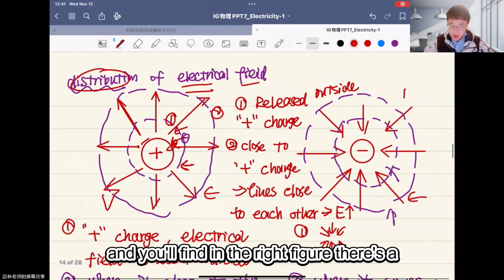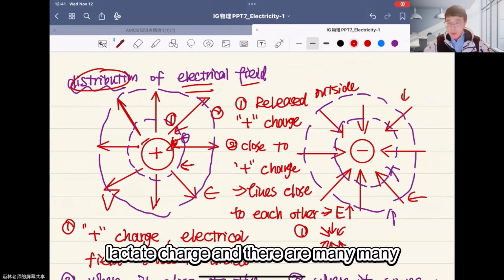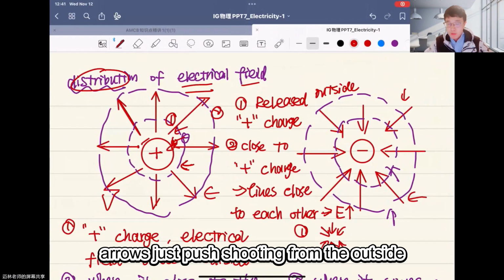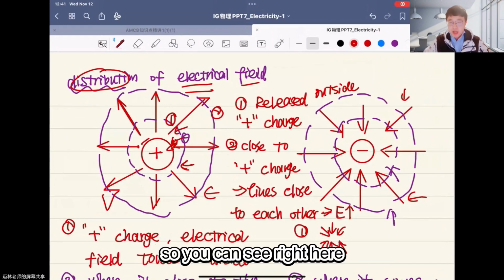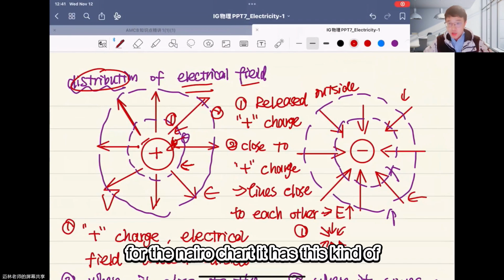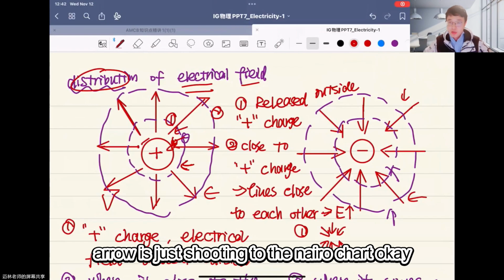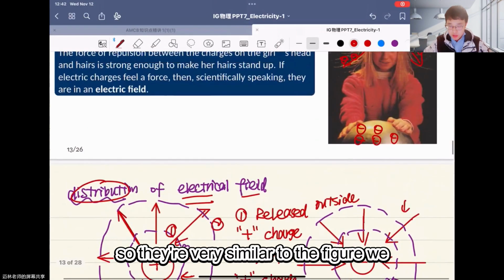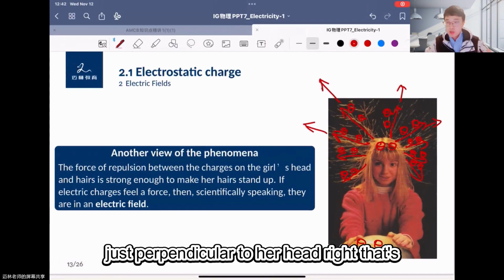And you'll find in the right figure there is a negative charge, and there are many arrows shooting from the outside towards the negative charge. So for the negative charge, it has this kind of distribution. The arrows are shooting to the negative charge. They are very similar to the figure we talked about before, that the girl's hair is perpendicular to her head.